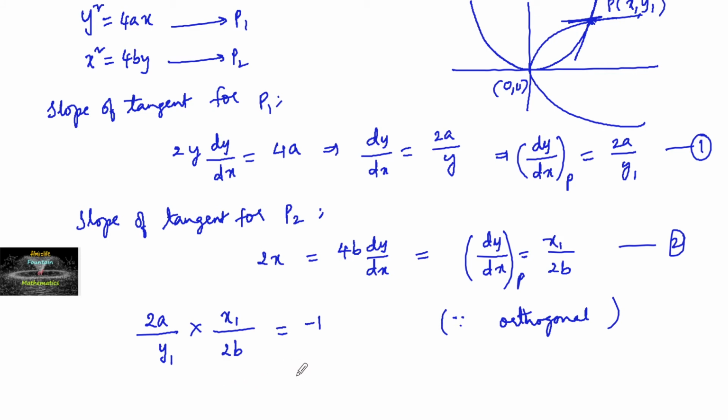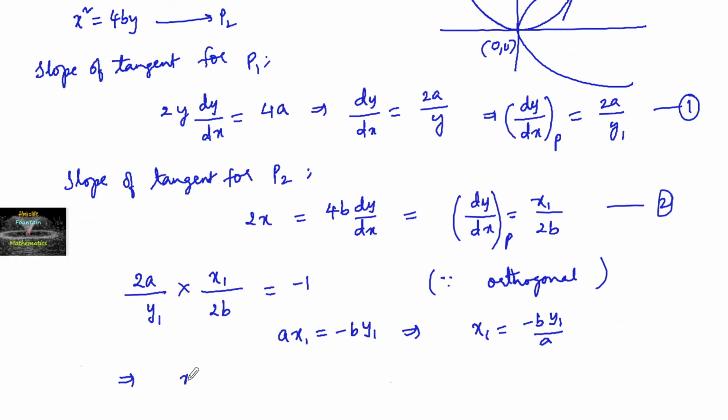So we can write ax1 is equal to minus b y1, or x1 is equal to minus b y1 upon a, which implies x1 is equal to minus b by a into y1.